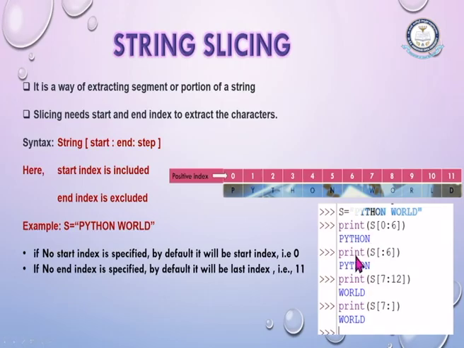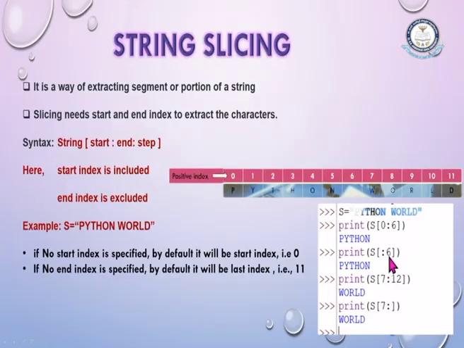And you can see another statement here, print s of colon 6, but here the start index is not mentioned, only the end index is mentioned. Even though the start index is not mentioned, by default it will take 0 as the start index. If you skip the start index, by default it will be 0 with a positive index, and the end index 6 is given.